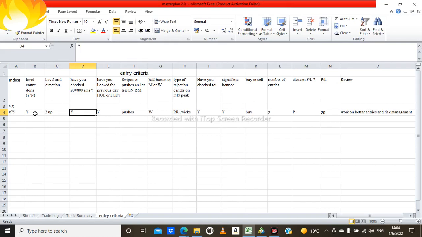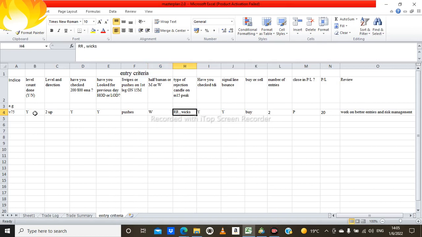If you check your 200 and 800 EMA in terms of peak formation, if you look for previous day low, high of day or low of day, and you say yes, swipes or pushes on first leg, when price is creating a leg or price is creating a reversal point, you need reasons. And you're saying that, oh, it did pushes or it created candlesticks or swipes.